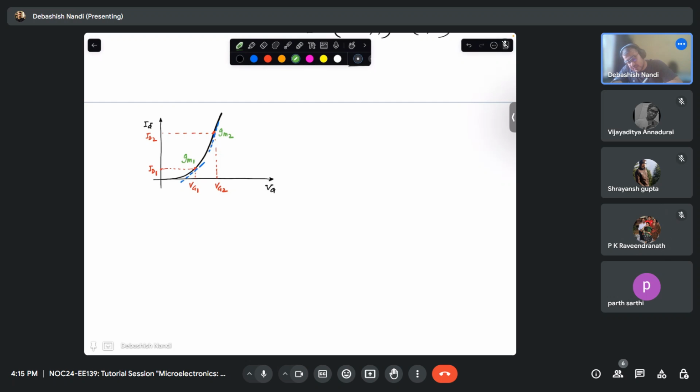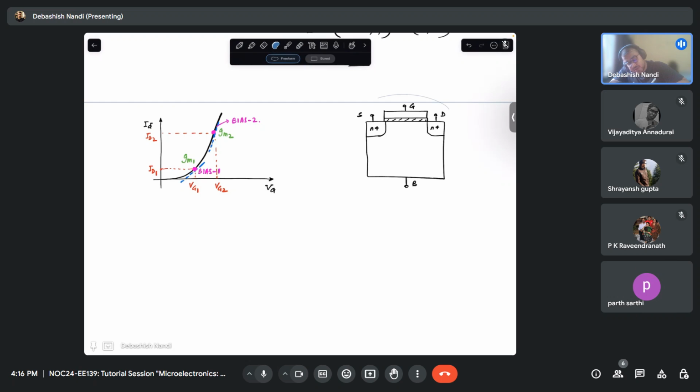This is one bias point, let's say bias 1. This is another bias point. And why does it happen such way? For example, let's consider a MOSFET, okay? This is N plus, N plus. Let's say this is drain, this is source, this is gate, and this is body, okay?